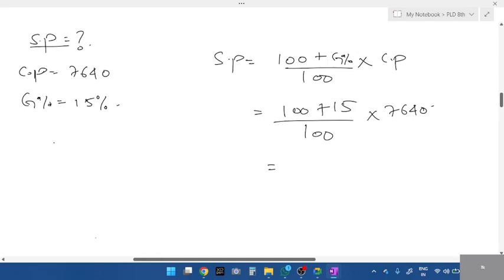I've seen you all writing some other formulas. You'll definitely get confused. Complete this, 115 divided by 100. Then you can reduce it. 0 and 0 gets cancelled. Use 5 times table, 2 times table to reduce.